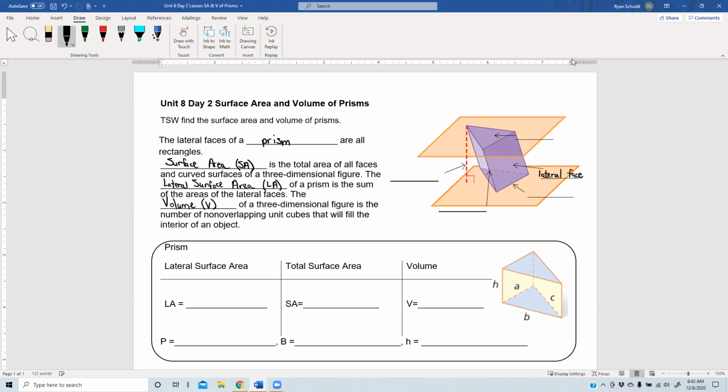Okay, so let's look back at our figure here. This top arrow is pointing to our triangle here. That's going to be our base. This shape right here is a triangular prism. That's what we call it. And how do I know it's a triangular prism?